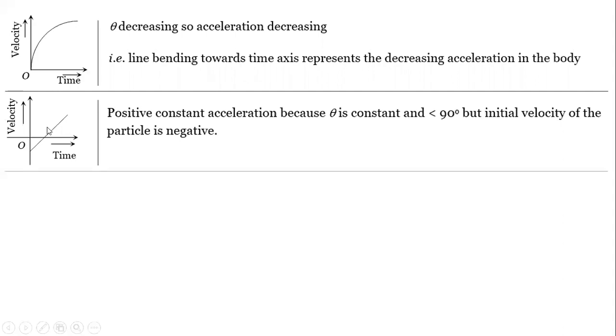Okay, the next set of graph, it's similar to the earlier one. Again, the angle is less than 90, so tan will be positive, and the angle is constant. So positive constant acceleration means uniform acceleration, and the initial velocity is positive.